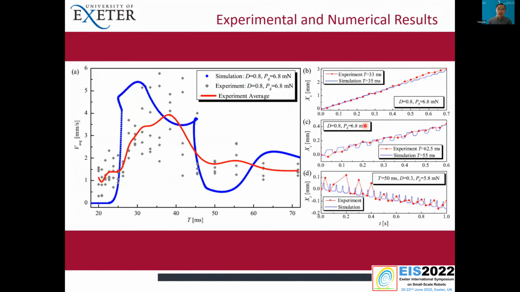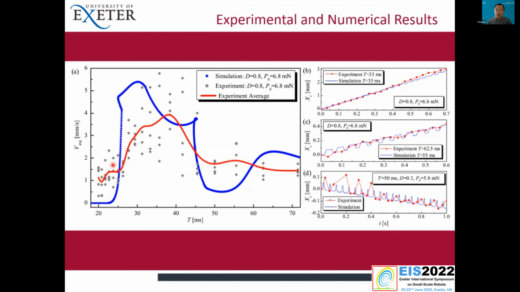And here is the experimental and numerical result comparison. We carried out experiments by changing the excitation duration, or in other words, the frequency of the excitation. The green dots here are the experiment, the red line is the experimental average result, and the blue dots are the simulation result.